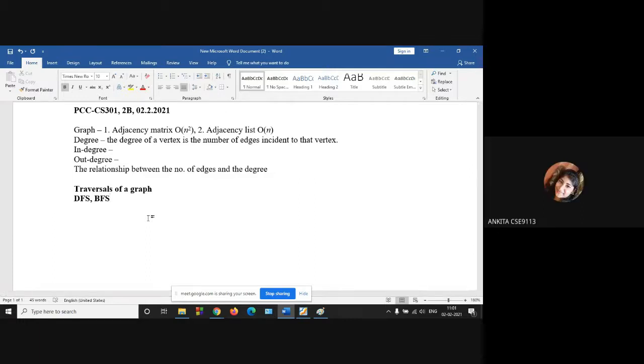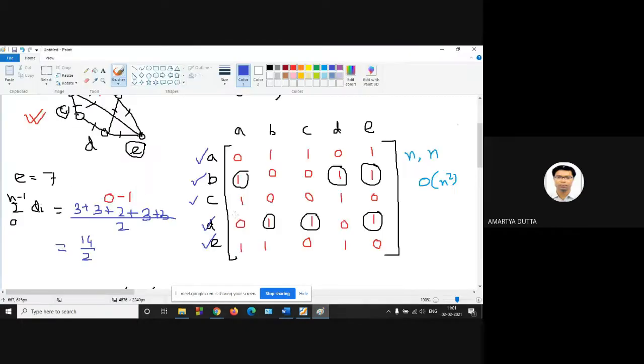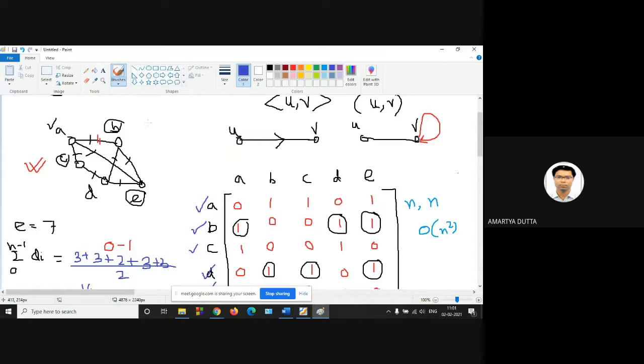Sir, to get the spanning tree, we use these. No, spanning tree is totally different. This graph is given.